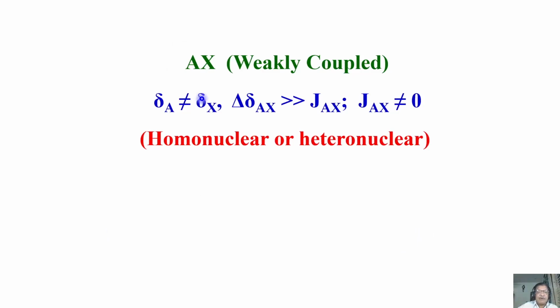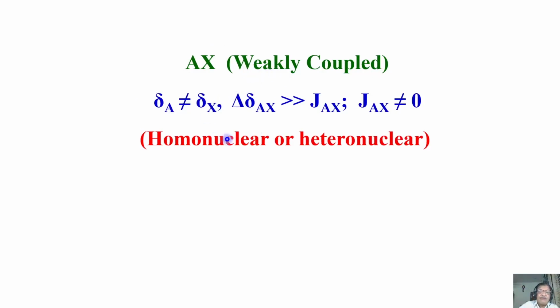For a weakly coupled spin case, delta A is not equal to delta X. It should be true because the chemical shifts have to be far away, separated. So A and X chemical shifts are not equal. Secondly, delta of AX, the chemical shift difference between A and X, has to be sufficiently large.